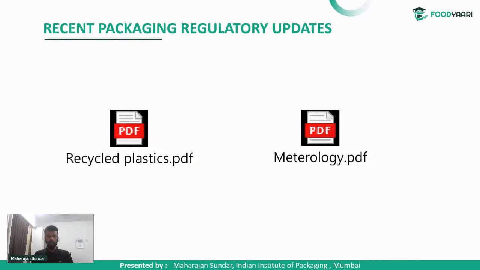Recent packaging regulatory updates show that earlier in India, only virgin plastics or newly made packaging materials could be used for packaging of food products, and the packaging material, especially that in contact with the food product, should be virgin, and all other layers should be virgin.